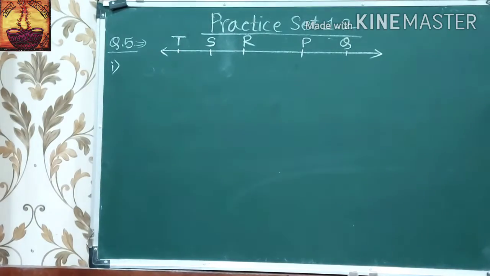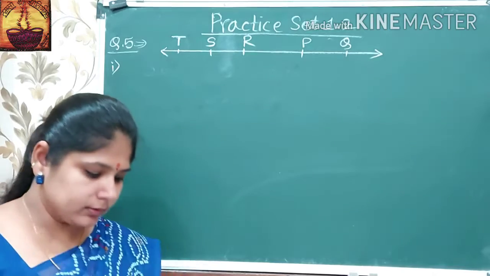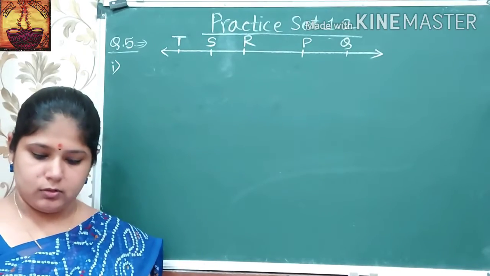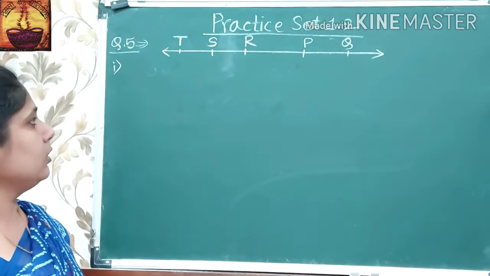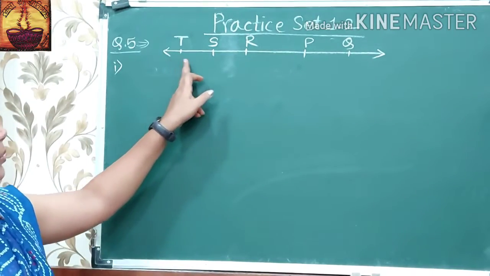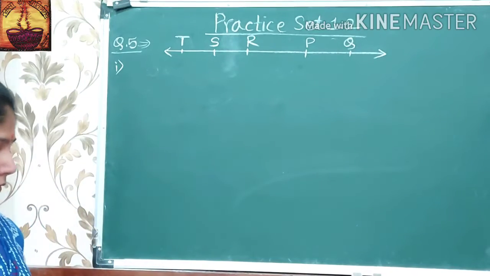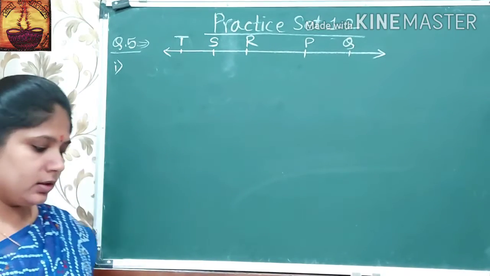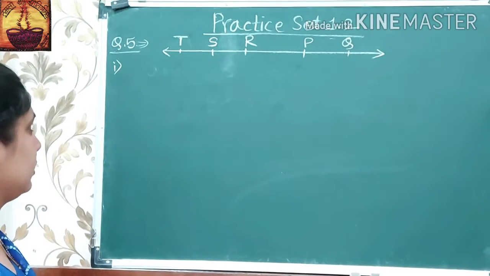Now next, question 5 is, write the answers of the following questions with reference to given figure. Here one figure is given, some points are there on a line. First question is, write the name of opposite ray of ray RP.